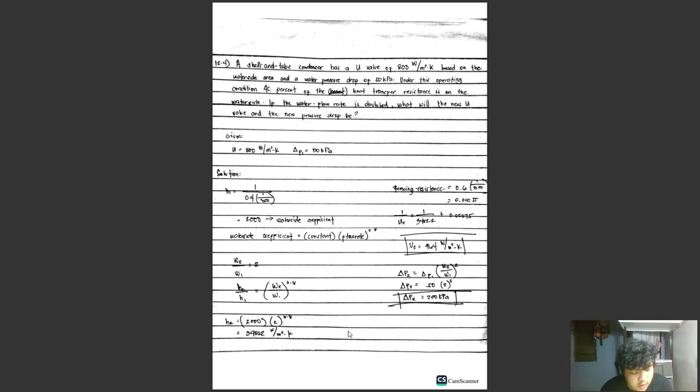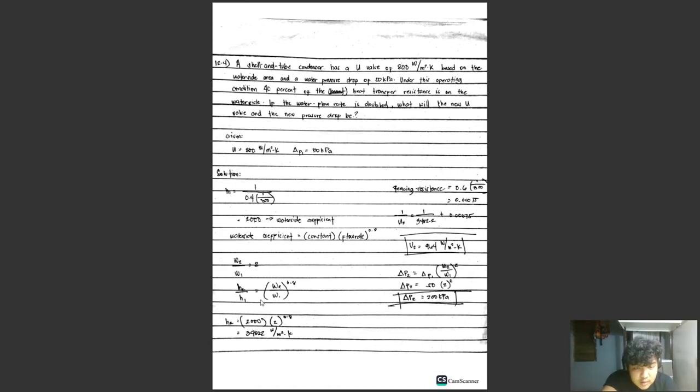So the solution is H1 equals 1 over 0.4 multiplied to 1 over 800. So we have H1 equals 2000, which is our water side coefficient. Water side coefficient equals a constant multiplied to flow rate raised to 0.8.